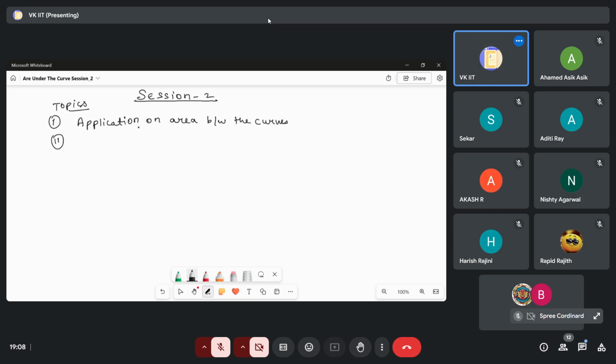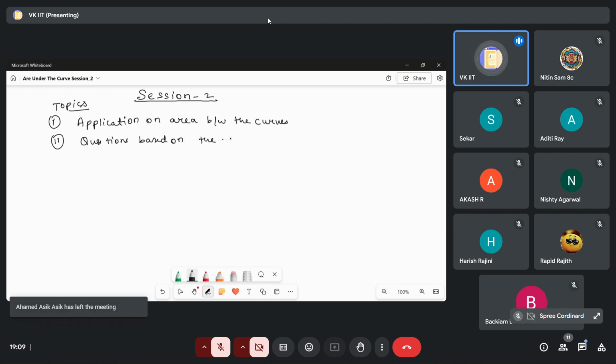The questions based on the area, questions based on the curves that are enclosed by two or more curves, right?